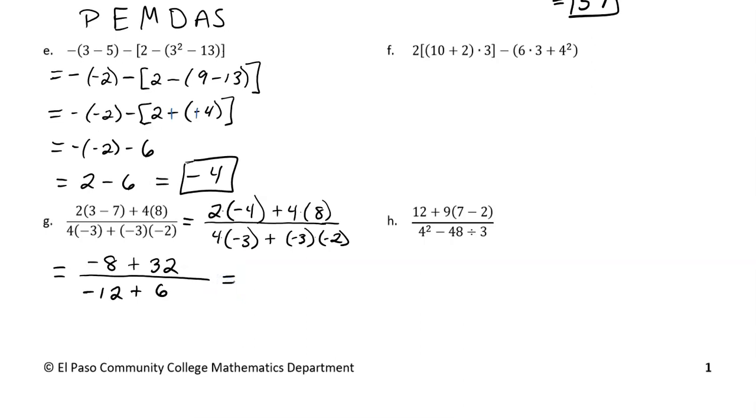Let's go with our next operations. We got to do addition, subtraction next. And I say that and not our division because division, we want a single value on top and a single value on the bottom. So we're going to do the addition, subtraction next. So I have both additions here. Let's check on the numerator. Negative 8 plus 32. That gives me 24. Negative 12 plus 6.